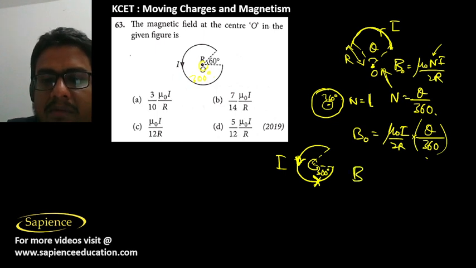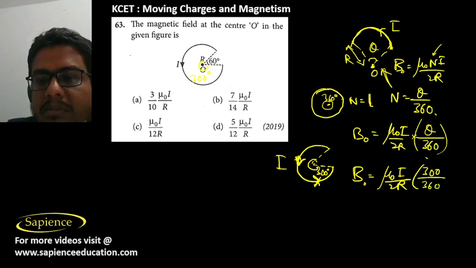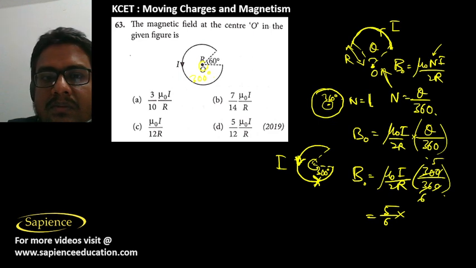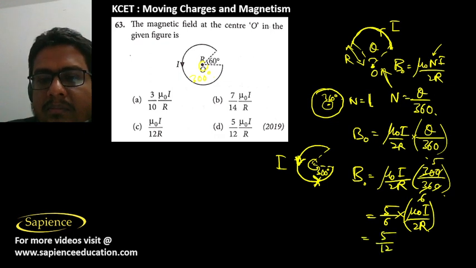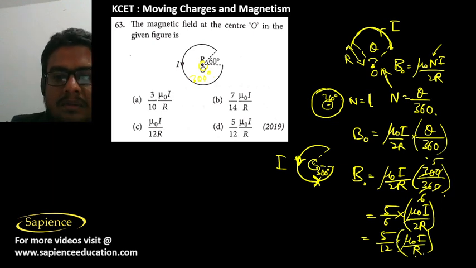So the magnetic field at the center will be mu naught I by 2r into 300 by 360. The zeros cancel, 5 6s are 30, 6 6s are 36. So this will be 5 by 6 into mu naught I by 2r, which is 5 by 12 into mu naught I by r. So option D is the correct answer.